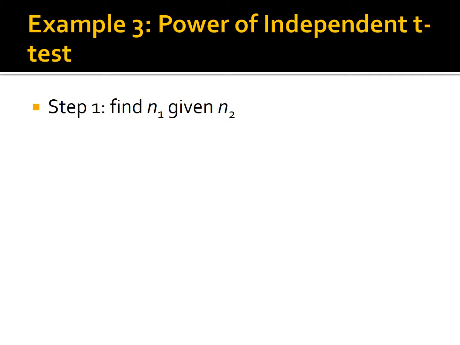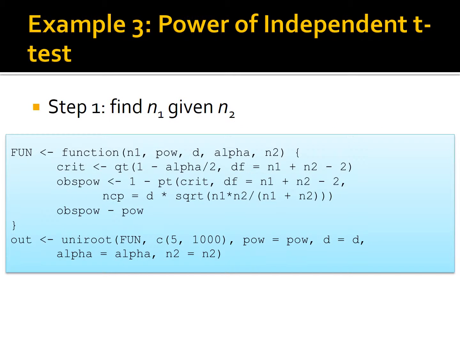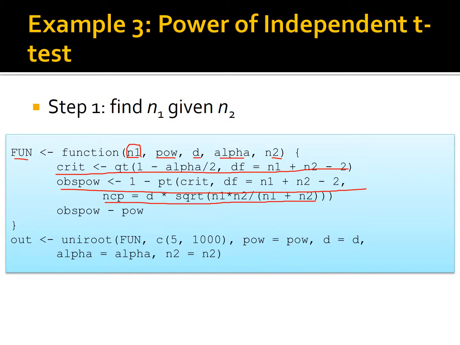So by this loop, first I need to find n1 given n2. I call it fun, which is a function where I would like to find the value of n1 given the power, the alpha, and n2. This is a critical value that we just discussed, and this is the observed value, and this is the discrepancy between the observed power and desired power.